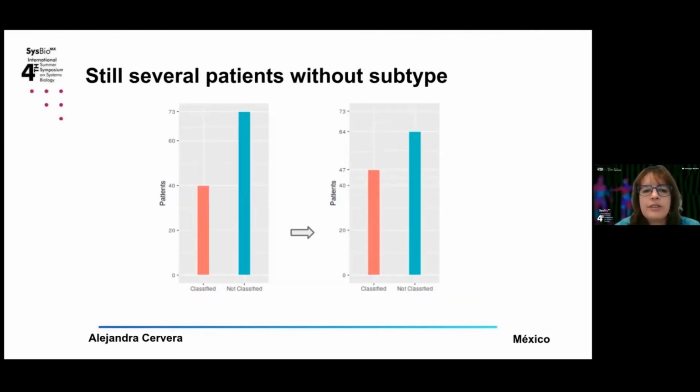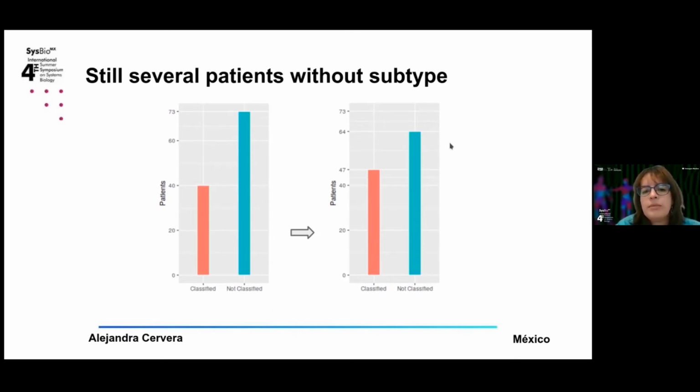So after this analysis, we had more patients classified, but we still have a huge number of patients that are unclassified. So what we have been working on is trying to figure out what's happening with these patients and if there's any way that we can identify what classification they could have or what better treatment is more suited for them.